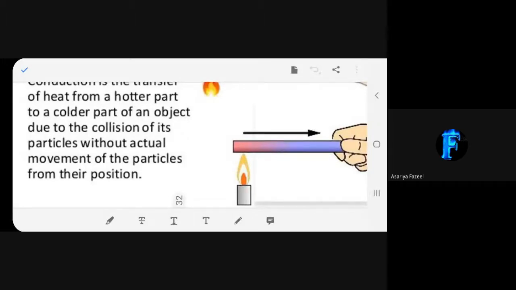From the whole class, can anyone read properly? Zohair, read properly, please.